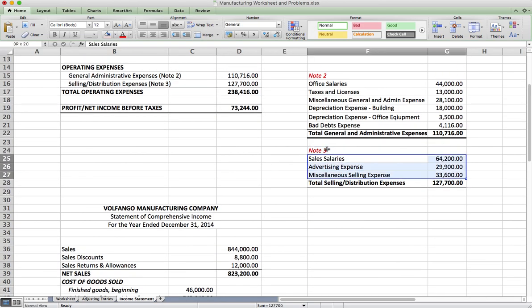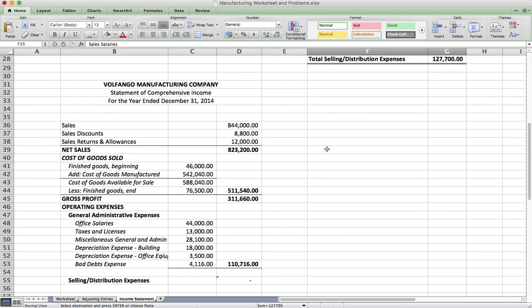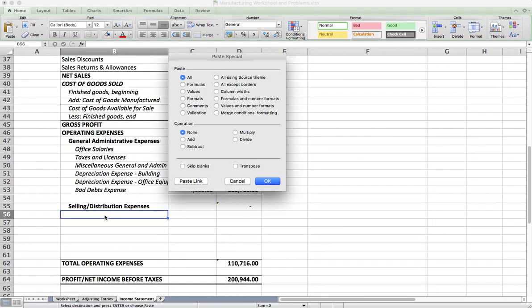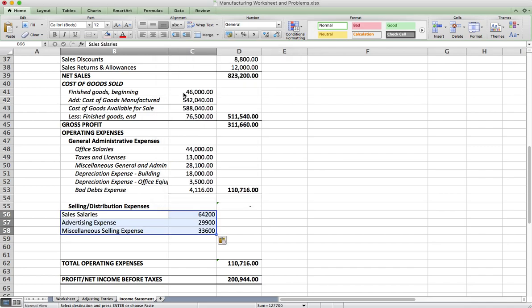Ito, so we have selling or distribution expenses. Lagyan natin sila dito.